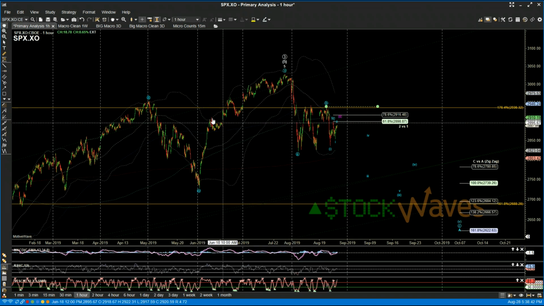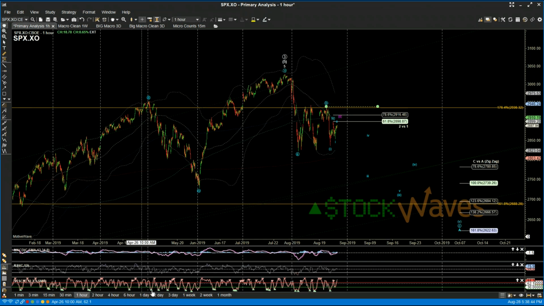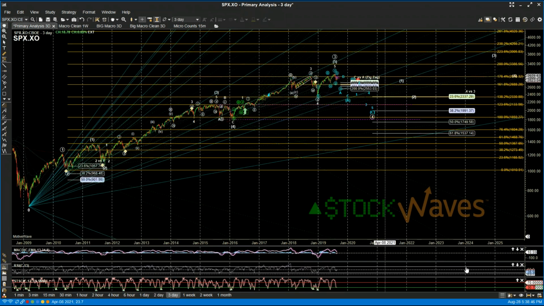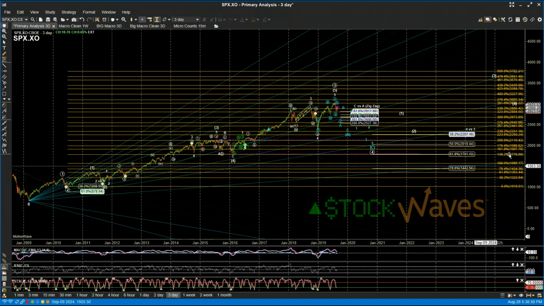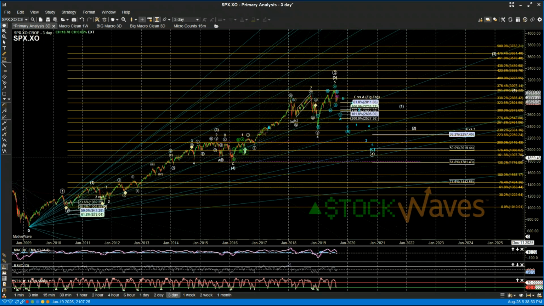I think when you look at a long-term chart, if you change this chart from log scale and go to arithmetic, you're getting a much more skewed look.